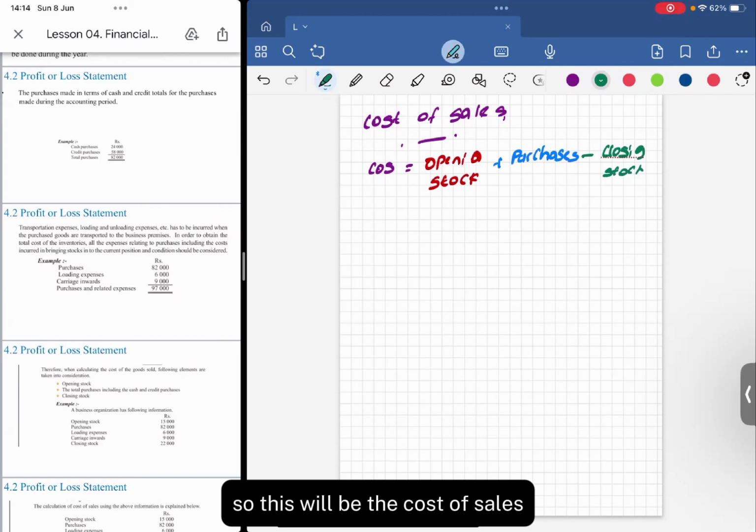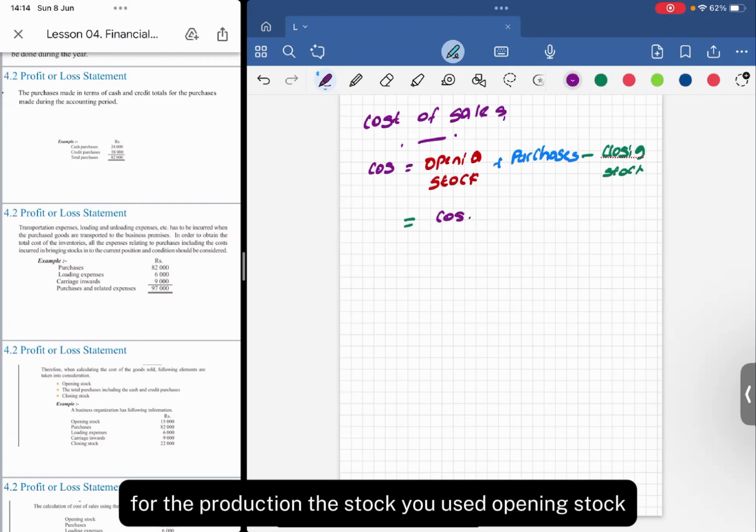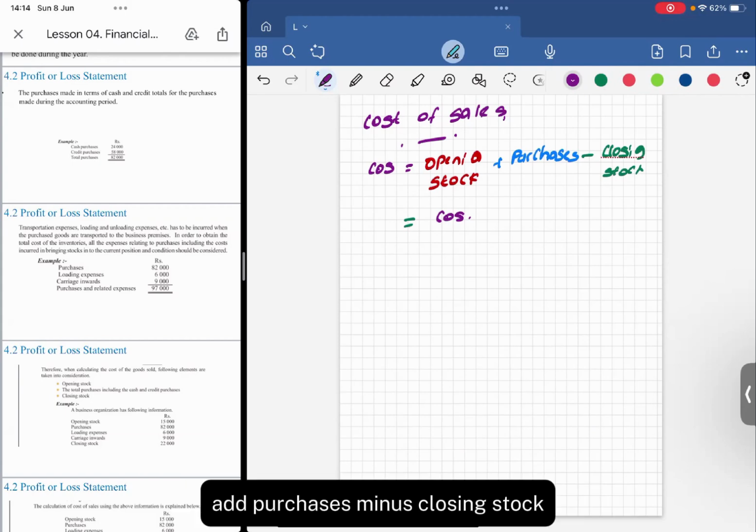So this will be the cost of sales. For that particular year, the stock you used, opening stock add purchases minus closing stock, that will be the cost of sales.